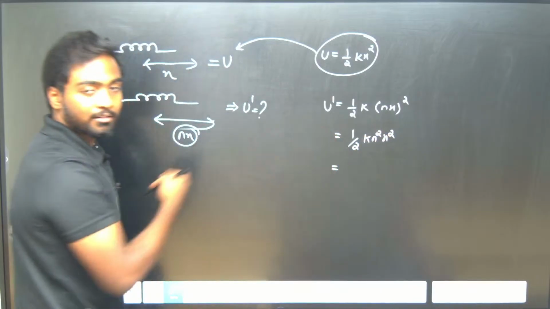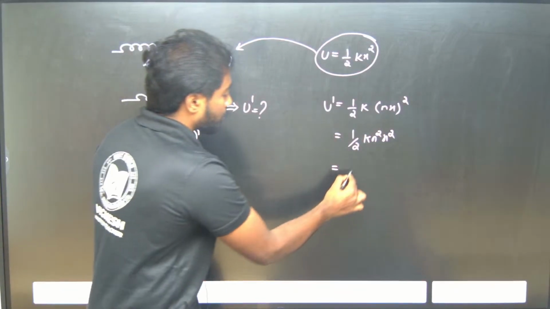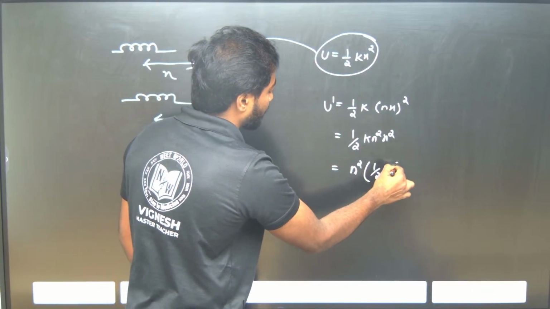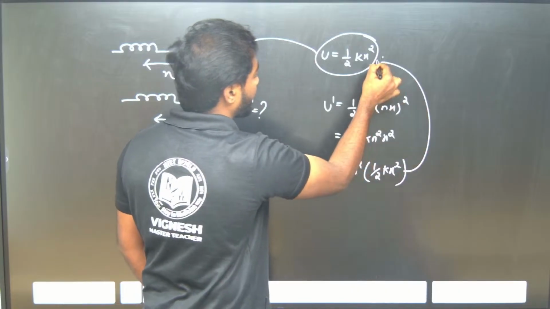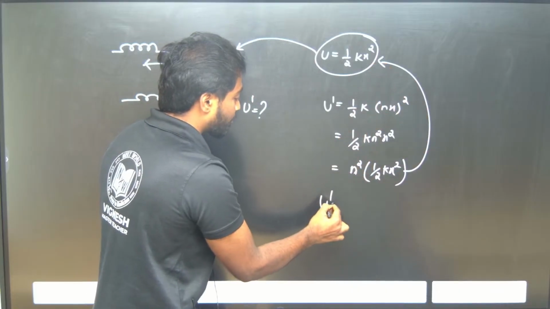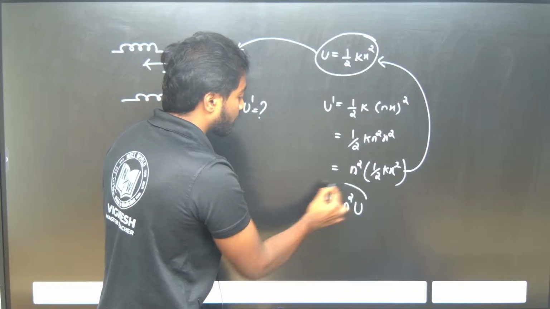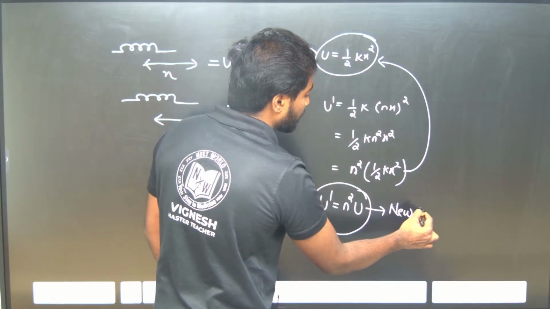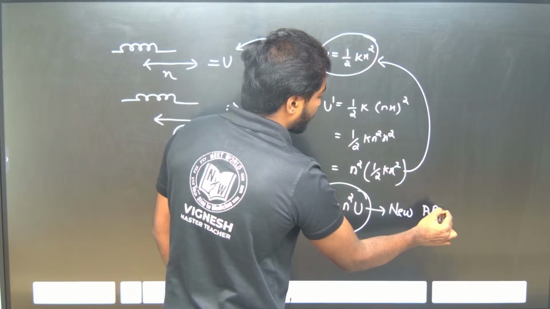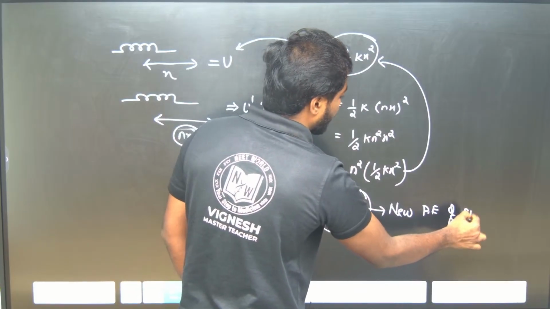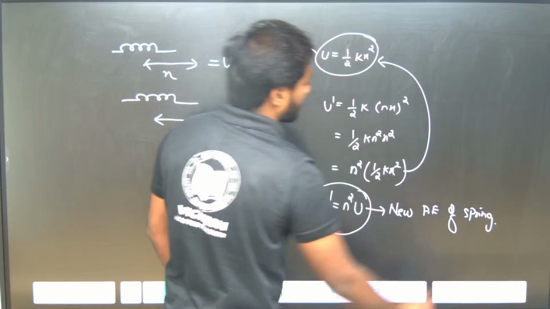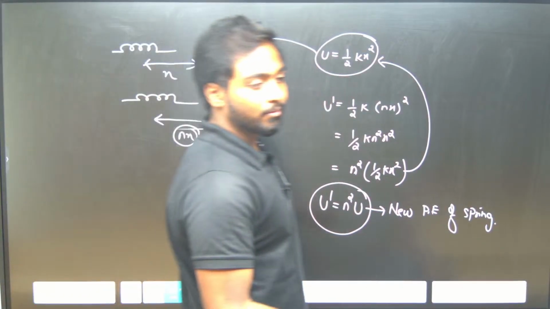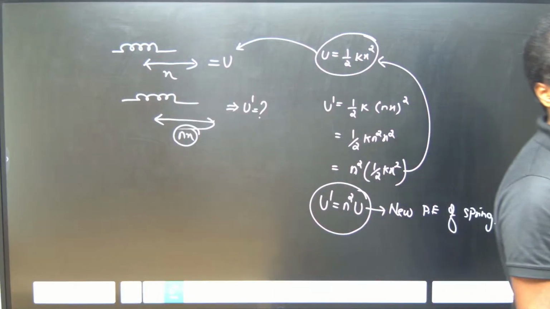Rearranging, n square into 1 by 2 kx square. 1 by 2 kx square is u. So u dash will be equal to n square u. This is my new potential energy of the spring. This is how we solve potential energy of a spring problems.